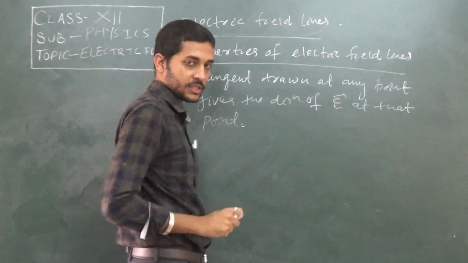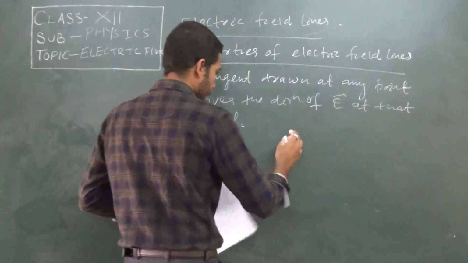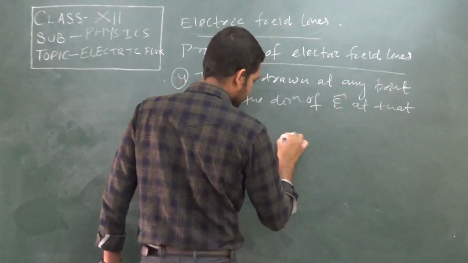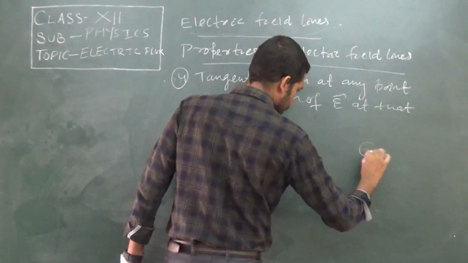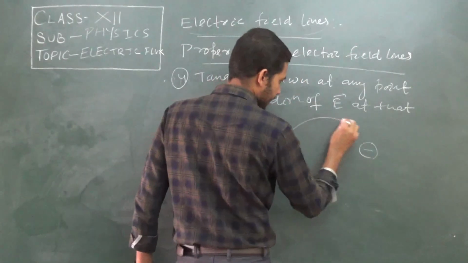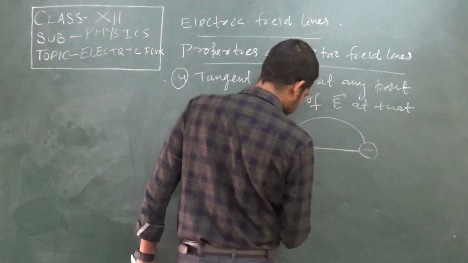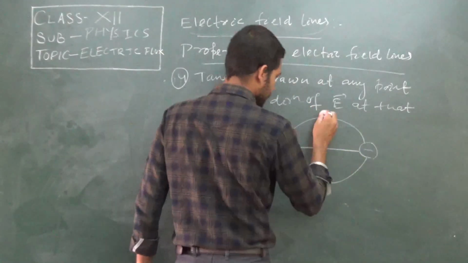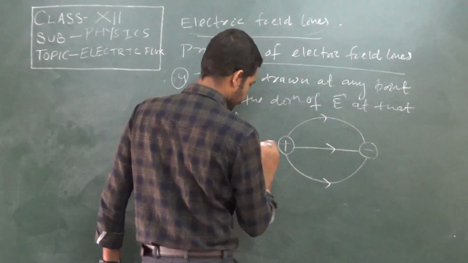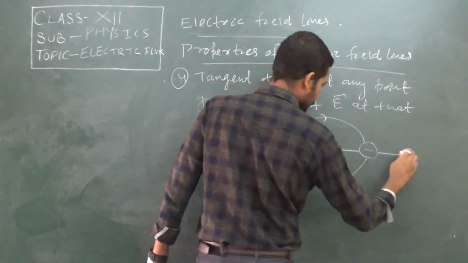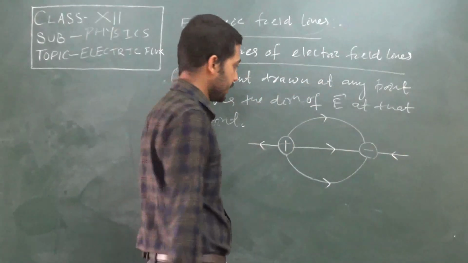So already we discussed about this a bit. Like for example, you are having a positive charge here and you are having a negative charge here. Then from positive to negative, the lines of force are moving like this. Coming out of positive, and into negative, it is going in.